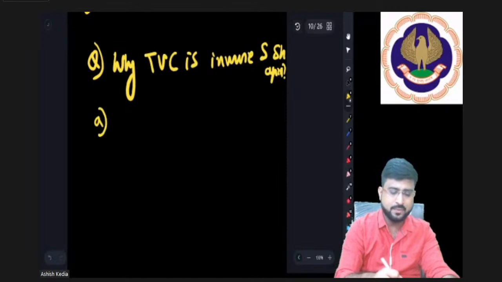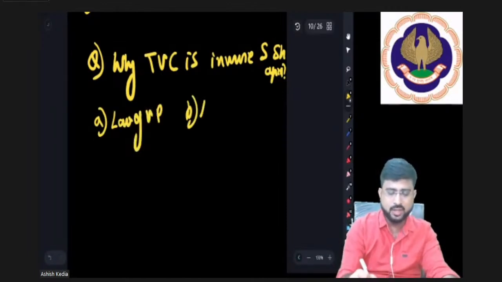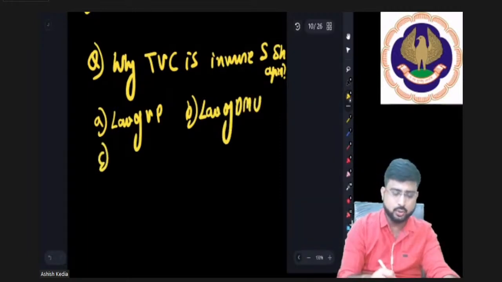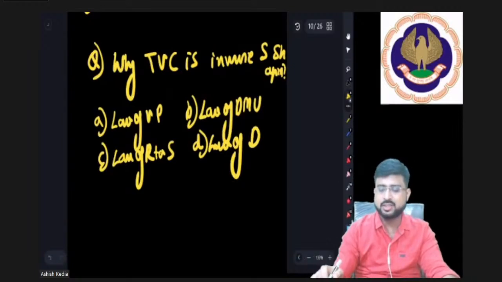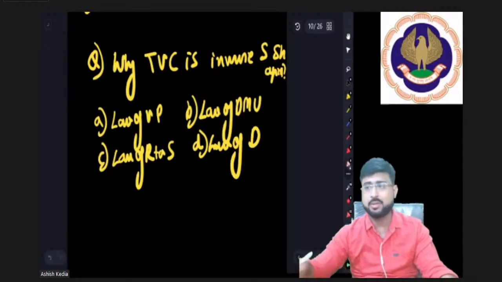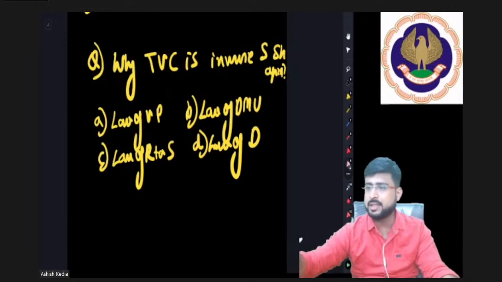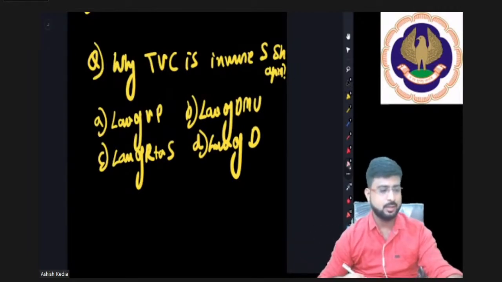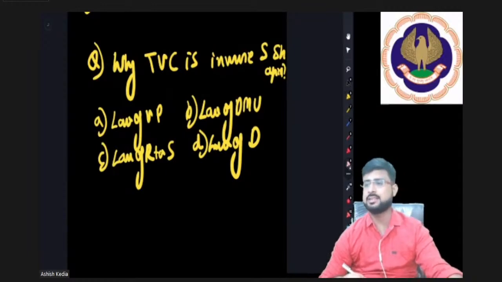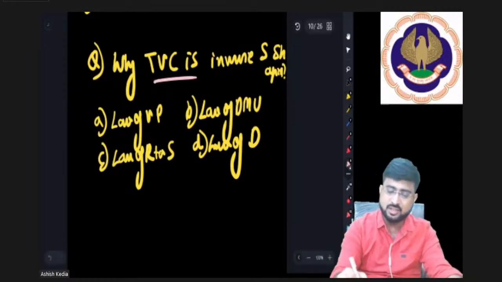Option A, due to law of variable proportion; due to law of diminishing marginal utility; due to law of returns to scale; due to law of demand. What do you think is the correct answer, friends? Come on, everybody. Tell me. Yes, correct answer.